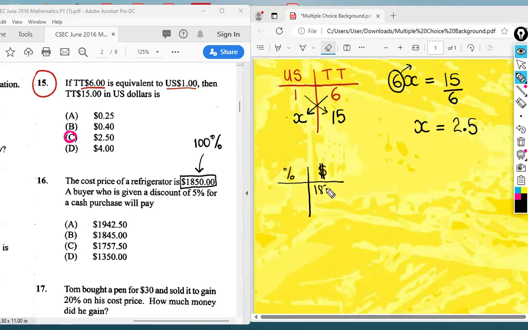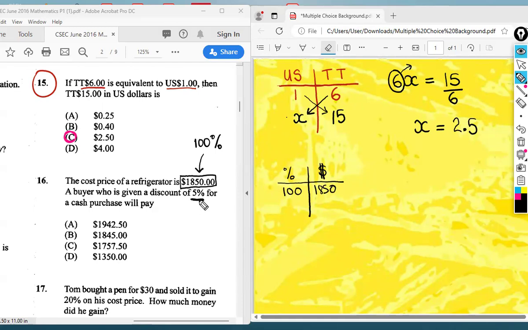The 1850 was worth 100%. If you get a discount of 5%, hear the question, you just got a discount of 5%. How much percent will you be paying now?